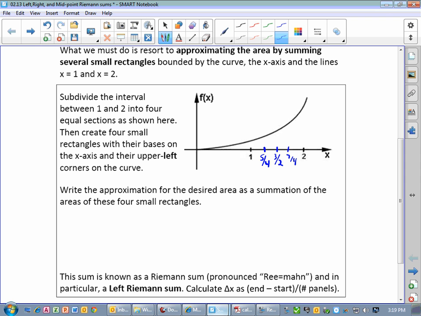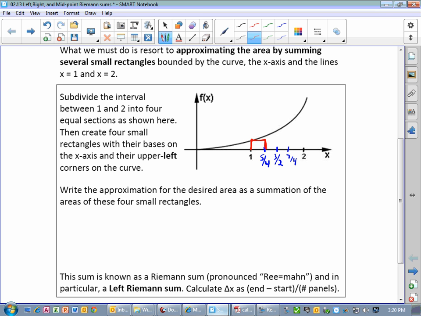It says, then create 4 small rectangles with their bases on the x-axis and their upper left corners on the curve. Right. So if I start at 1 and I draw a line up until I hit my curve, and then I bring a line straight across, that would be a rectangle whose upper left corner is on the curve.